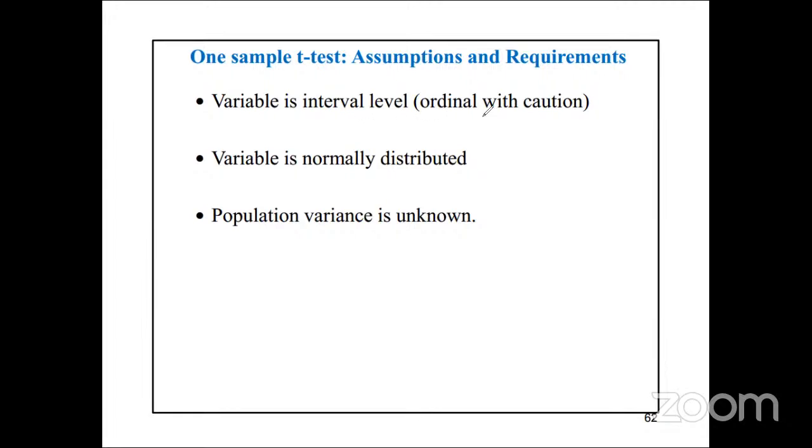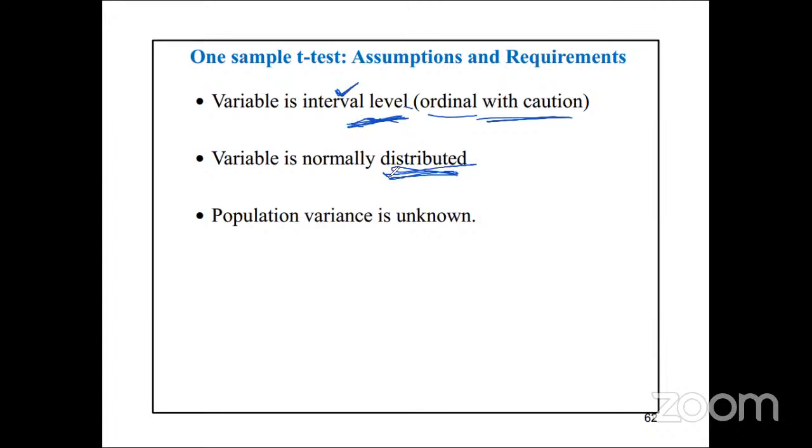The variable is interval type, interval level. What it means is that whatever data you have is measurable with some instrument and has some unit. Remember, the variable or data can be ordinal or categorical or interval level. When you are applying the t-test, your data should be interval type.